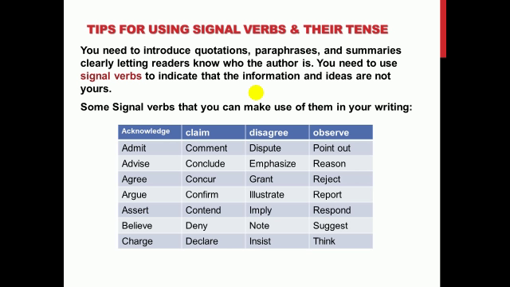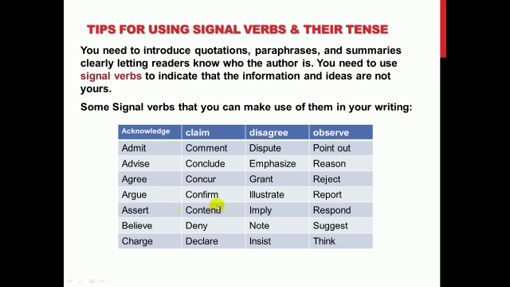So here we have a number of verbs called signal verbs that are very beneficial for writing. You can say admit, acknowledge, claim, comment, disagree, concur, agree, argue, confirm, illustrate. Sometimes we have reject, report, deny, declare, insist, know, think, whatever.